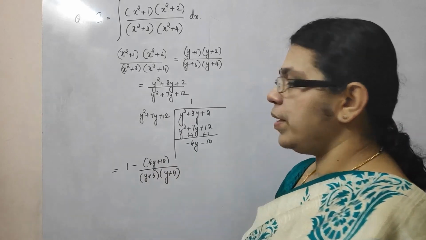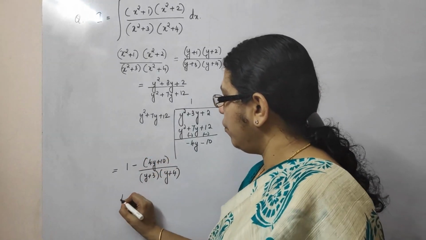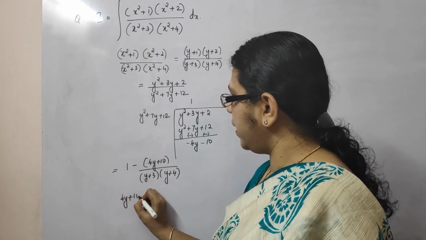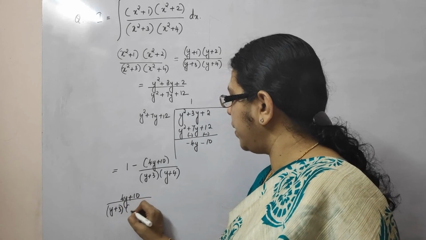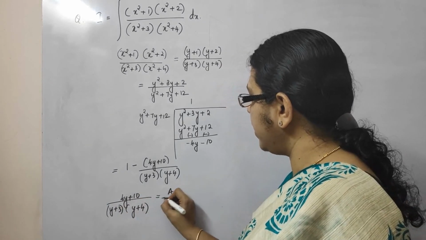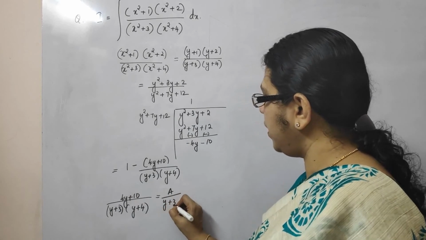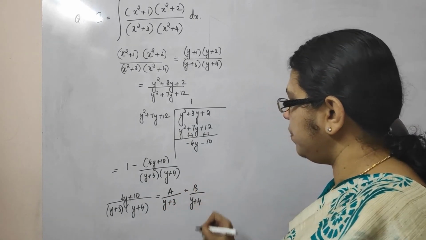Now what will I do? I will take this part, (4y + 10) by (y+3)(y+4), and write it as a by (y+3) plus b by (y+4). Isn't it simple?